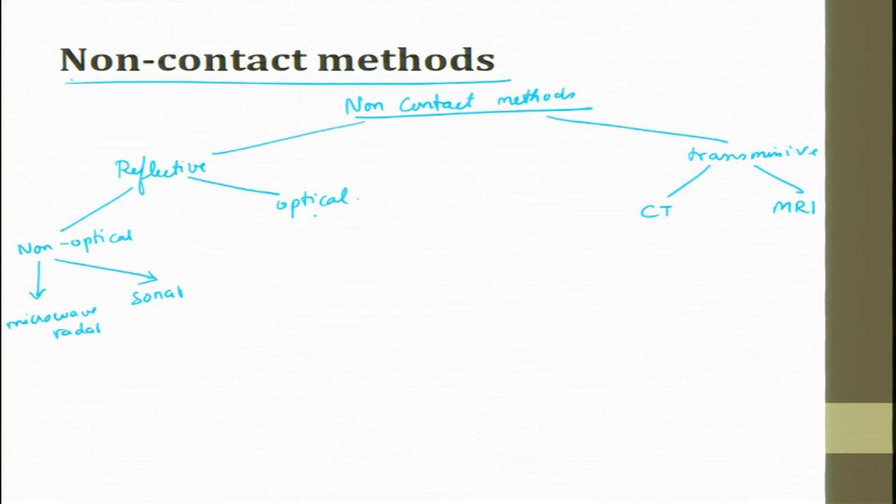In the optical way, you can have two classifications: one is called active, the other is called passive.